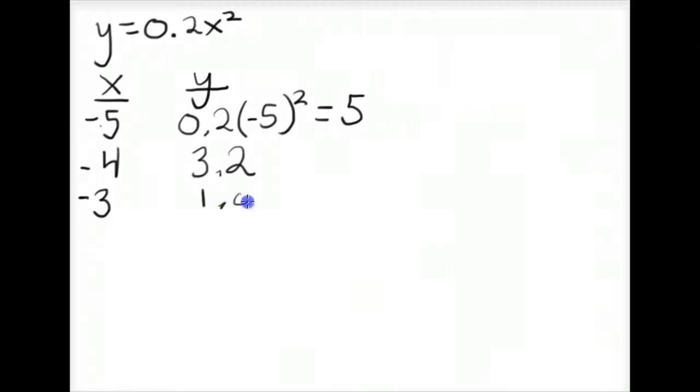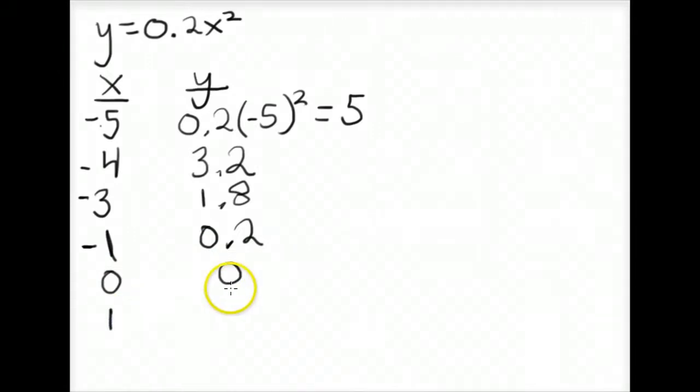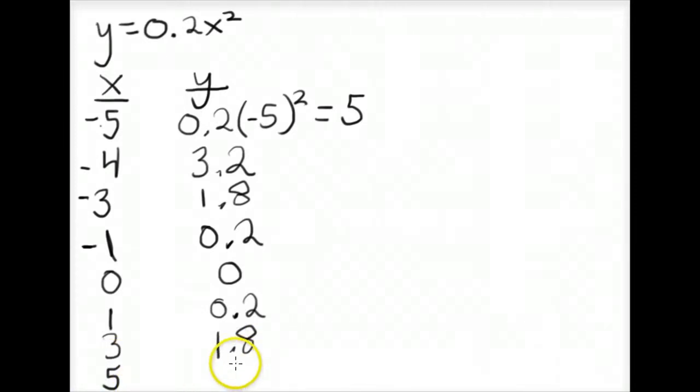If we plugged in negative 1, we would get 0.2. 0 would get a 0. 1 yields positive 0.2 again. 3 would yield 1.8. And 5 will get us positive 5.